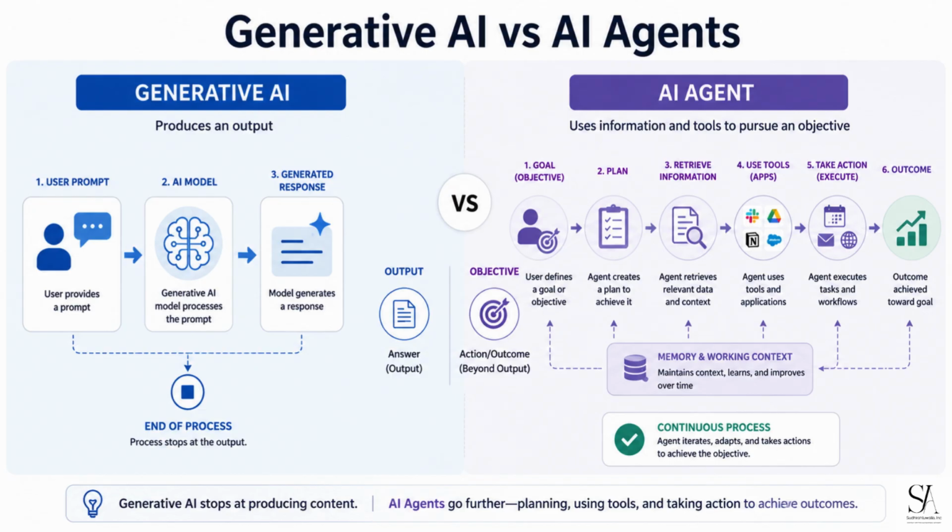In the previous section, we saw that generative AI can support many forms of professional work. We also saw that its usefulness depends on how its capabilities are combined with reliable information, appropriate controls, and human judgment. But the technology is now moving beyond systems that simply generate an answer or create a piece of content. This brings us to an important distinction between generative AI and AI agents.